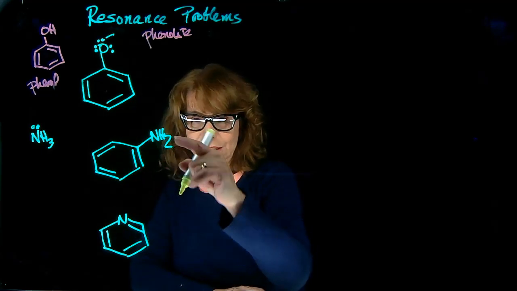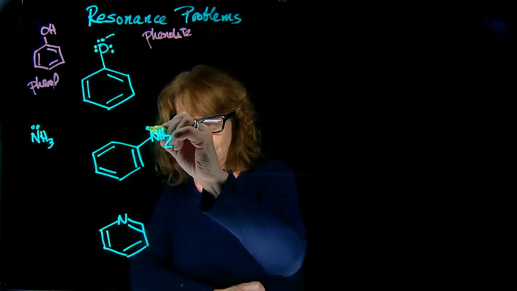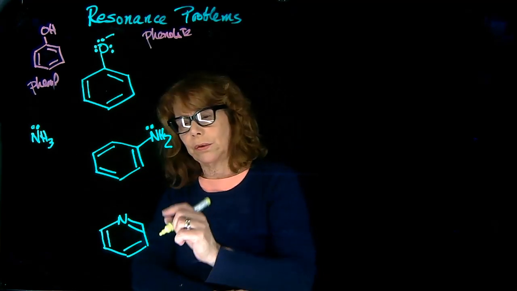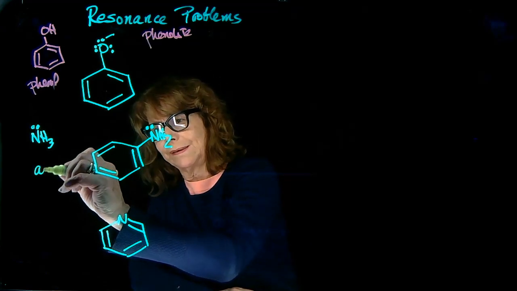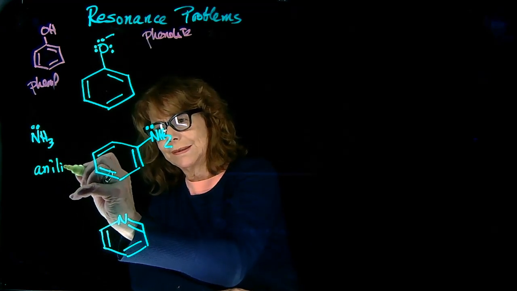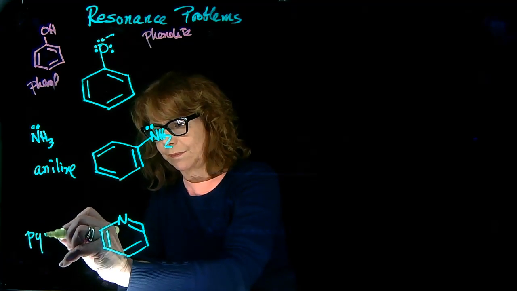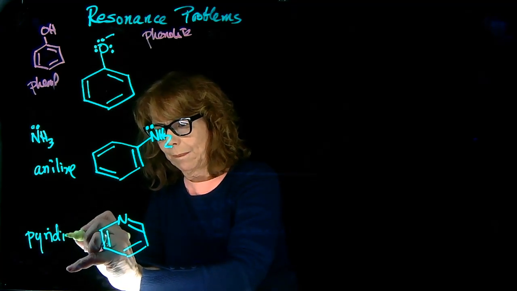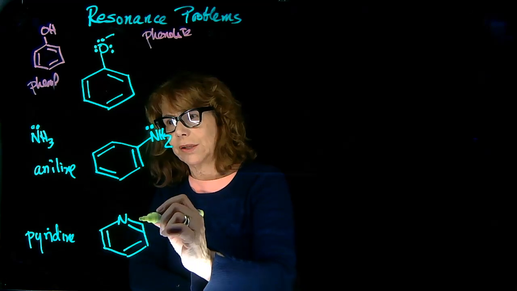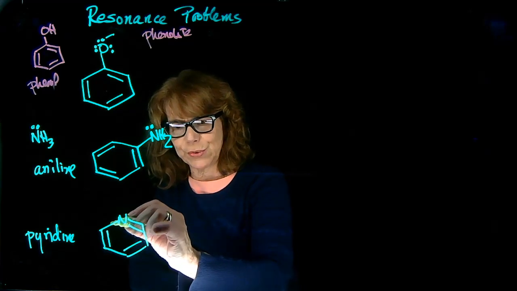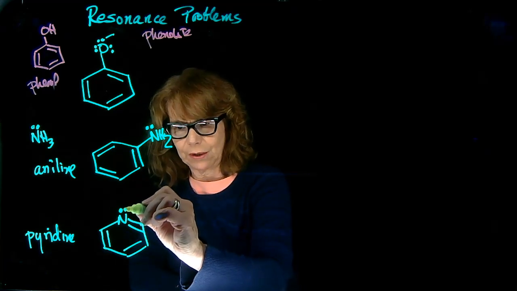So that's the case here: 1, 2, 3 bonds, 1 lone pair. This compound is aniline, and the one at the bottom is pyridine. Here, nitrogen has 1, 2, 3 bonds, so I need a lone pair.